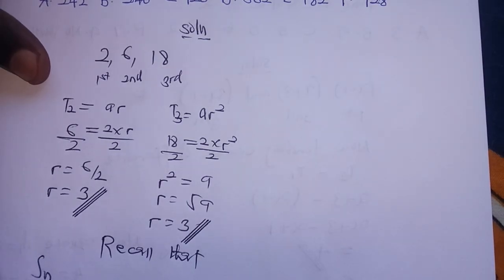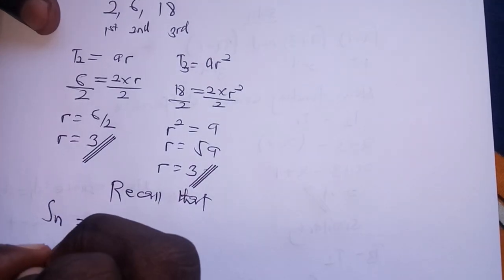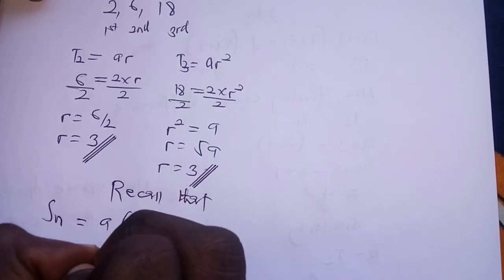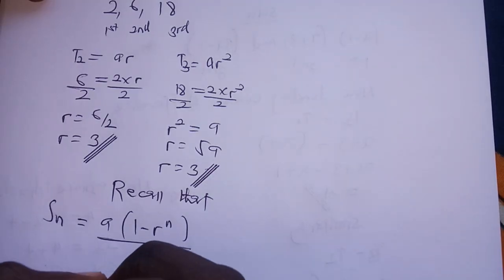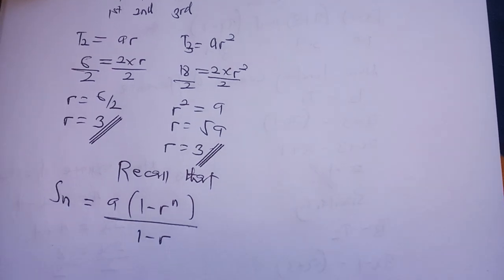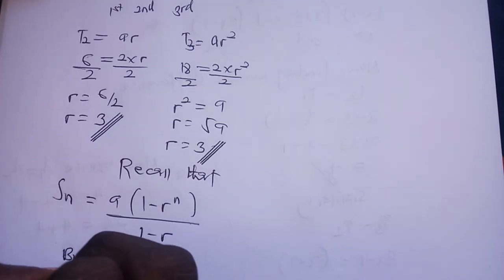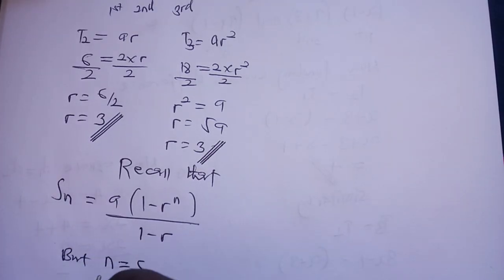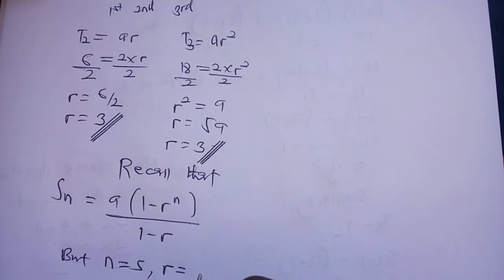Sn is equal to a into 1 minus r raised to the power n, divided by 1 minus r. This is the general formula that you're going to use to get your final answer. The value of n is equal to 5, that is the number of terms. The common ratio r is 3, and a, the first term, is 2.